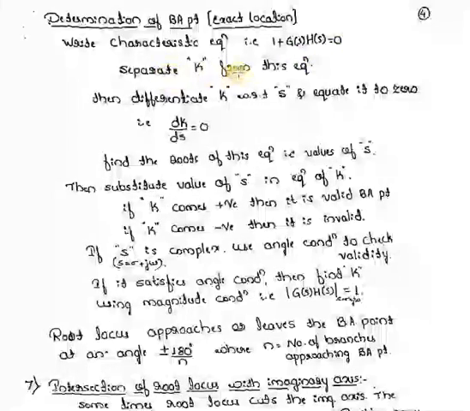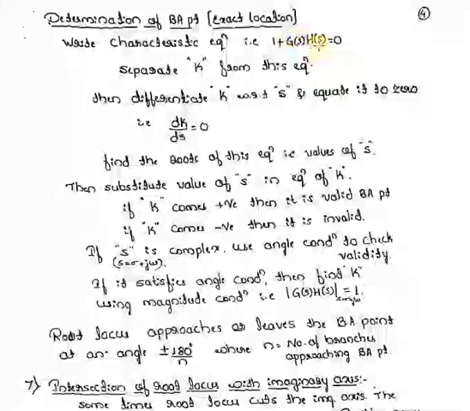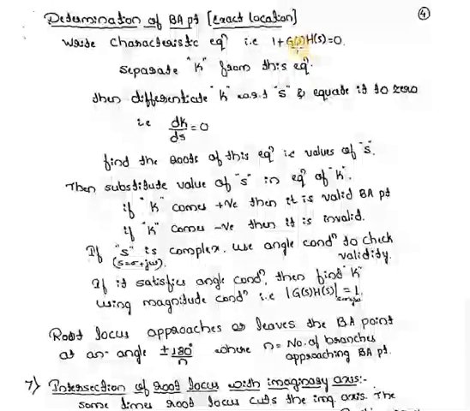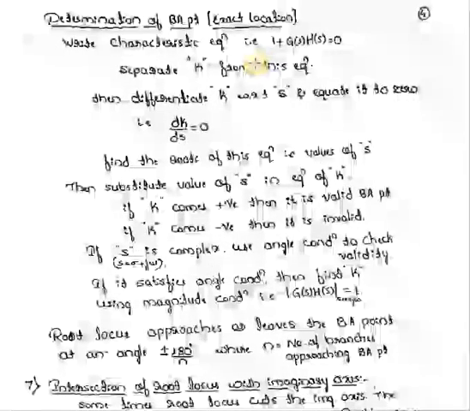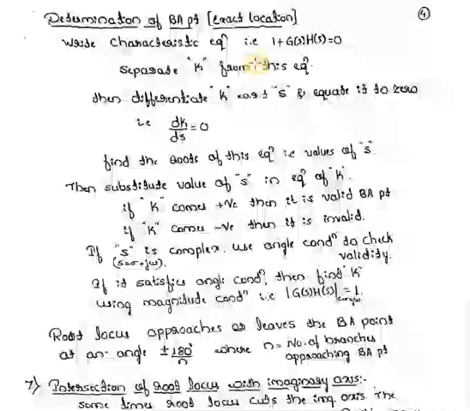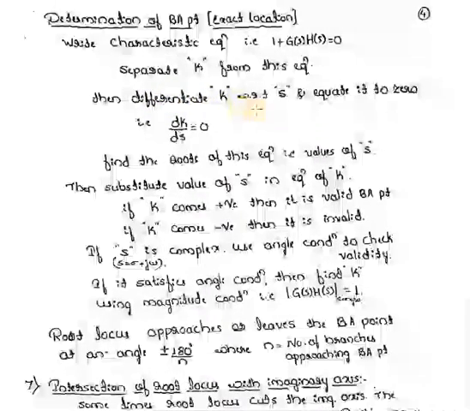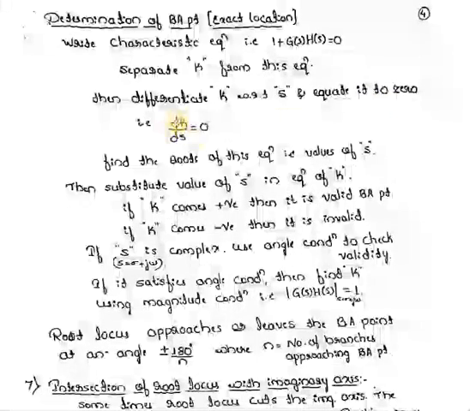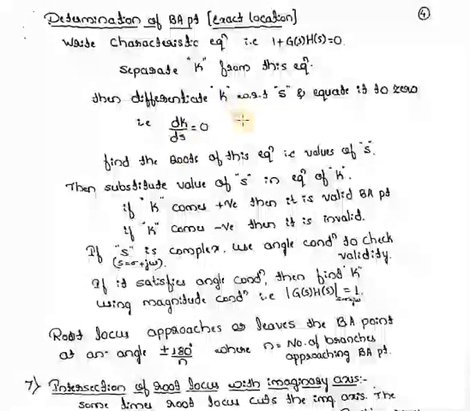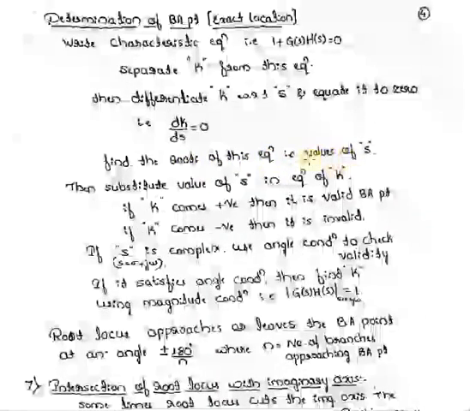We separate K from this equation, that is, we simplify the equation in terms of K equal to the remaining terms. Then you need to differentiate K with respect to s and equate that to 0, dK/ds equal to 0. Then find the roots of this equation, that is, the values of s.